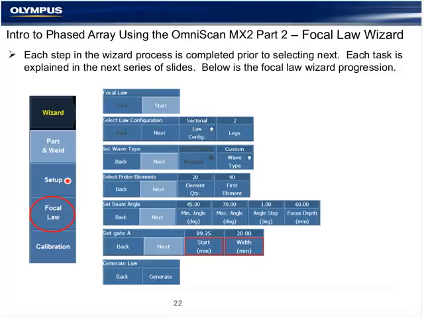And now we're ready to move to the software part of this, which is the focal law generation. 3 parts hardware: probe, wedge, material. 1 part software, which is the focal law beam formation. And again, the wizard here will take us through all of the various steps to where we generate the S-scan.